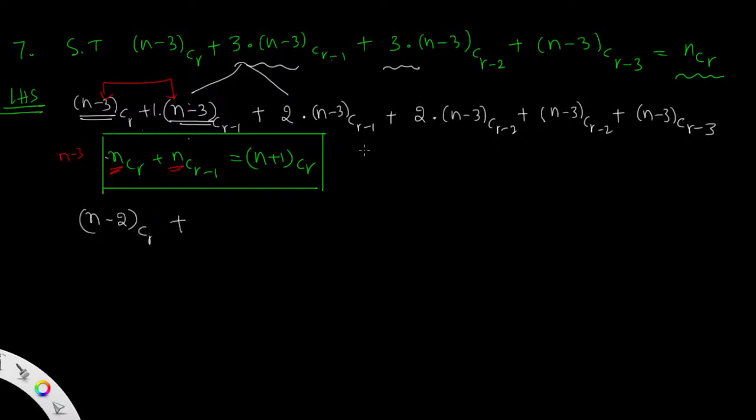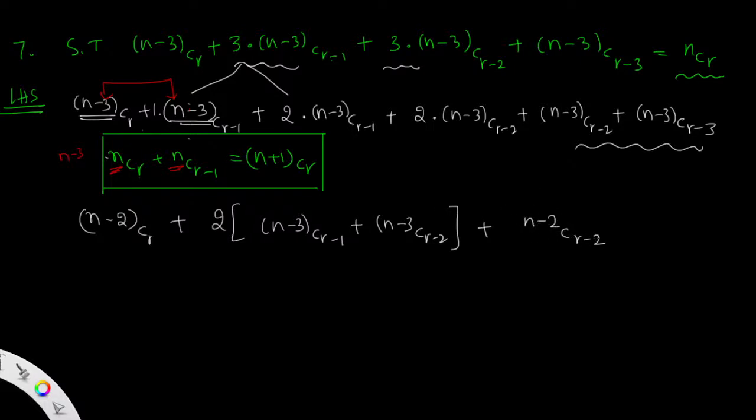Plus from these two terms take the 2 as common, then you get (n-3)C(r-1) plus (n-3)C(r-2). Again the same formula gives the last two terms as (n-2)C(r-2).